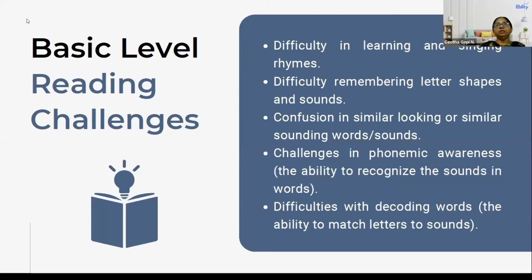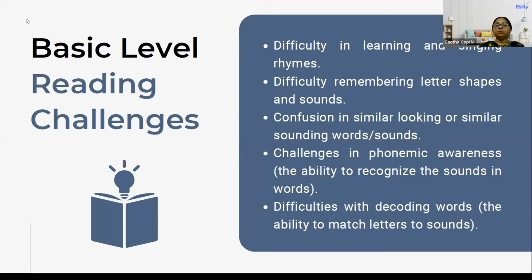Same with the way you write those letters, pretty much the strokes, they look like mirror images or opposites of each other. So they're very similar looking. Some of these children do have difficulties in differentiating and discriminating between these kinds of similar looking letters as well as similar sounding words or sounds.